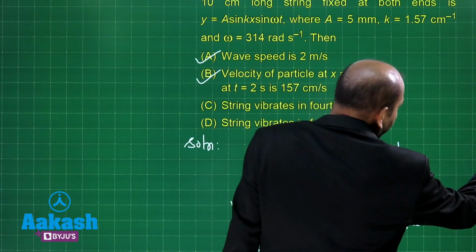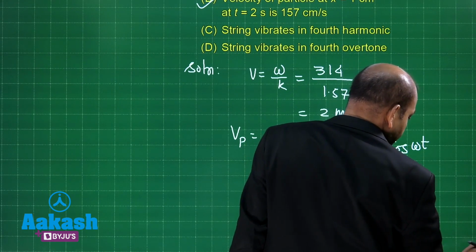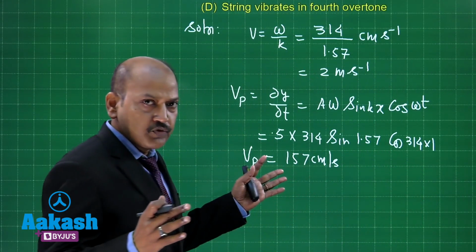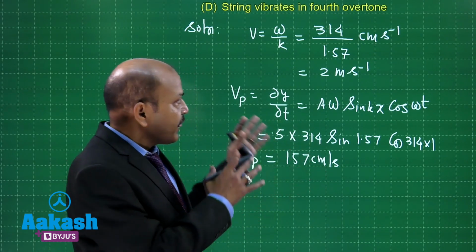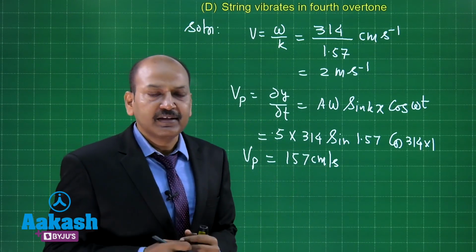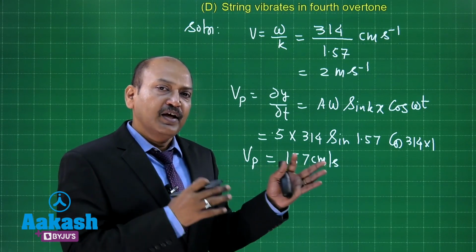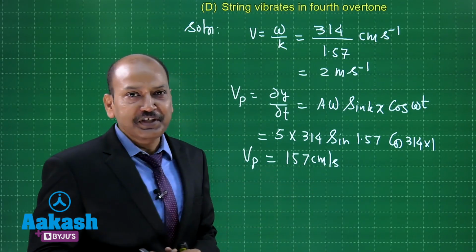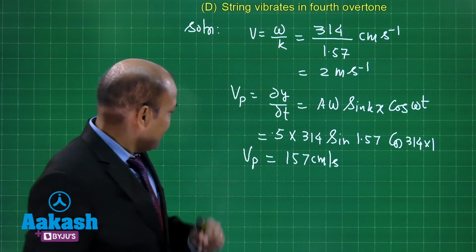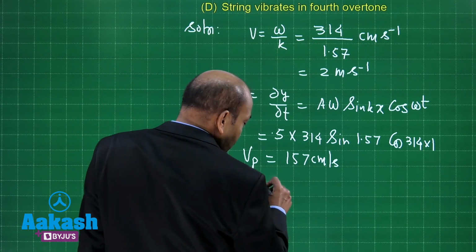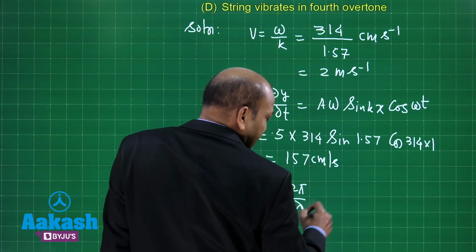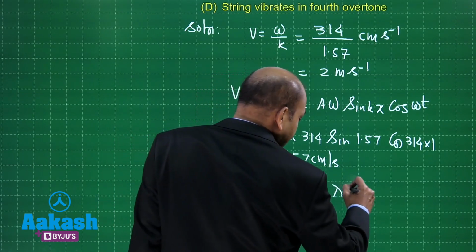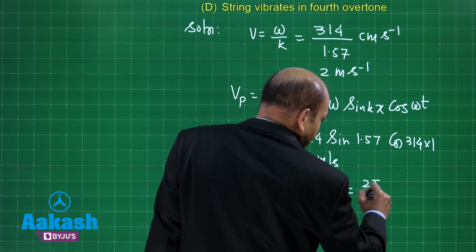Now, what is the wavelength of the traveling waves? Because length of string is given to us, and if we have the length of the string and the wavelength, we can judge what is the mode in which the string is vibrating. So the value of k itself is 2 pi by lambda, lambda being the wavelength, and that means the wavelength is 2 pi by k.